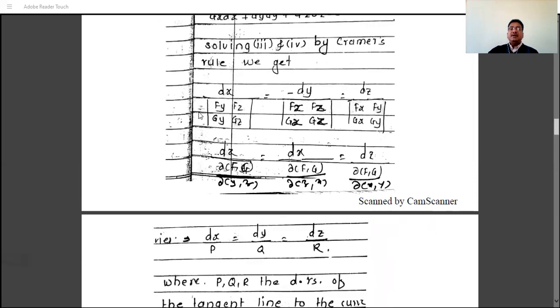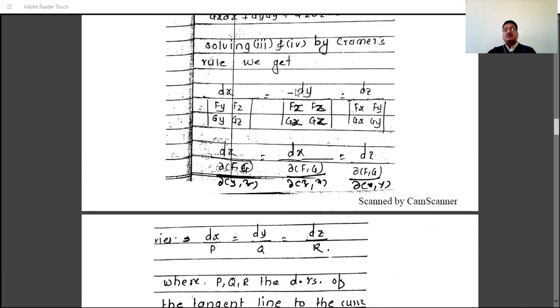Then this determinant is the Jacobian ∂(F,G)/∂(y,z). The determinant f_y f_z g_y g_z is the Jacobian of F, G with respect to y, z. If we absorb the minus sign in the determinant, that is, interchange any two rows or any two columns, so if we interchange the columns, then we have dy divided by the determinant f_z f_x g_z g_x, and it is the Jacobian ∂(F,G)/∂(z,x).